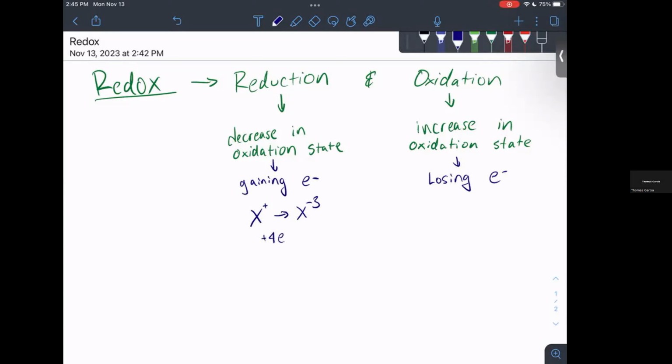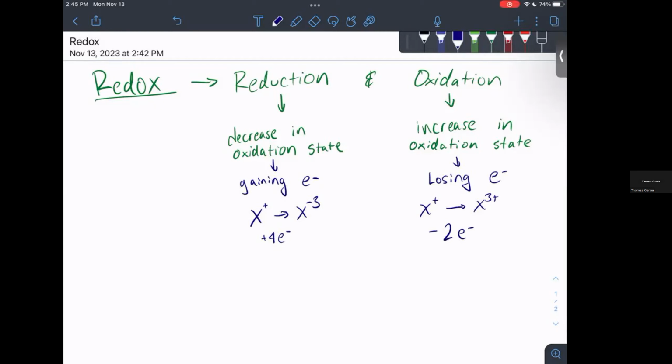That would be a reduction. If element X went from a +1 oxidation state to a +3 oxidation state, then in this case it lost 2 electrons. So that is an oxidation. So that is kind of the easiest way to look at reduction and oxidation. It's what's going on with the electrons.